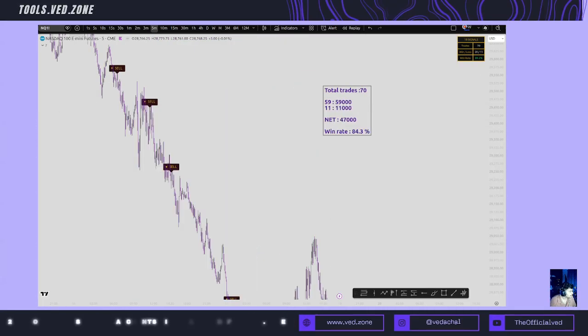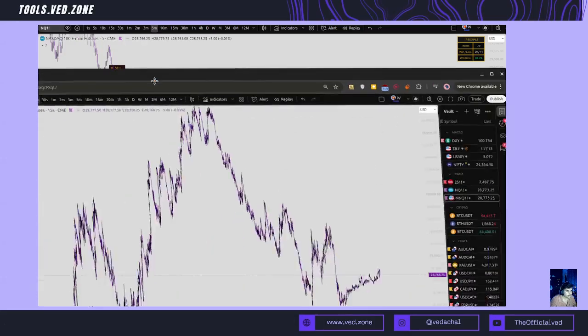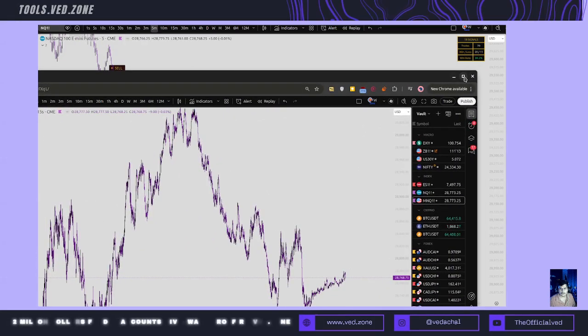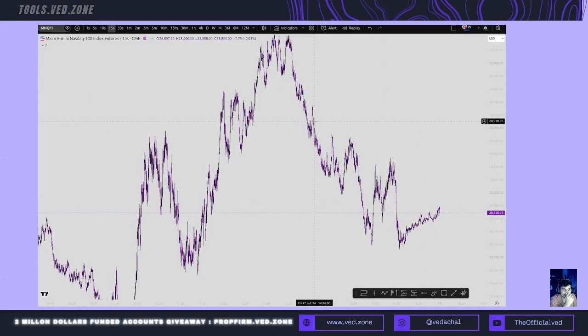Let me add it actually. And this Open Strike indicator is meant to get you to the buffer and then pass evaluation.